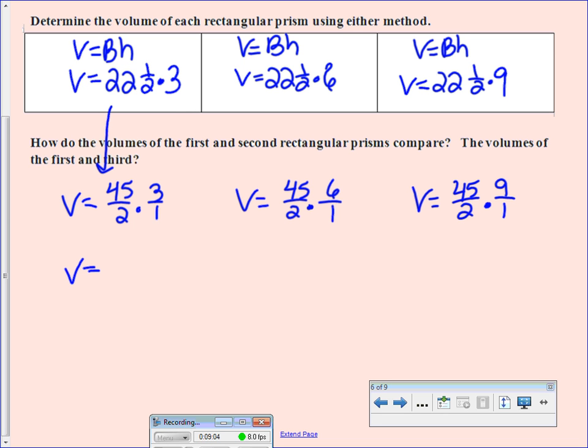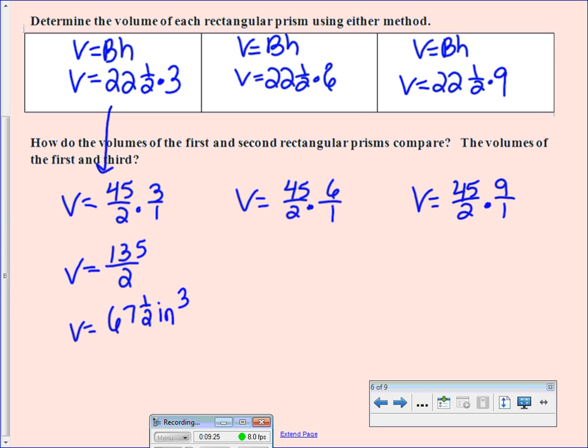So 45 times 3 is 90. 135 over 2. How do I label volume? Cubed.